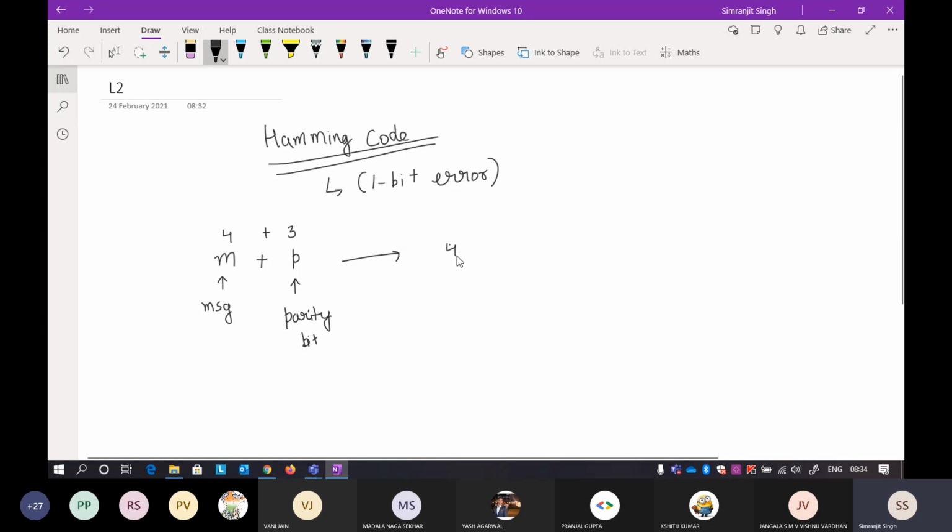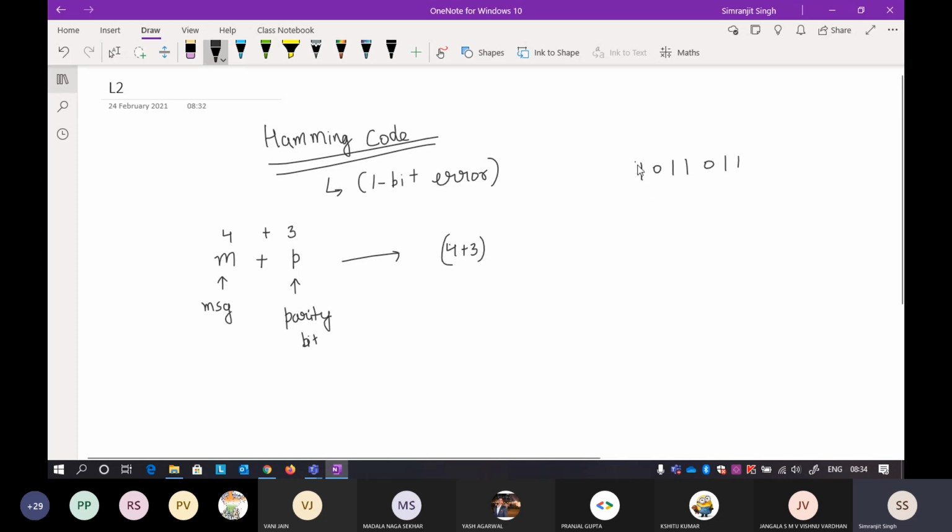It can be 4 plus 3, which means 7 bits, because there are a total of 7 bits. So at any bit you can get an error. Suppose you are sending 7 bits as 101 for the 4 bits and the parity bits are 011, something like this. I'm not saying it should be exactly this, but something like this.